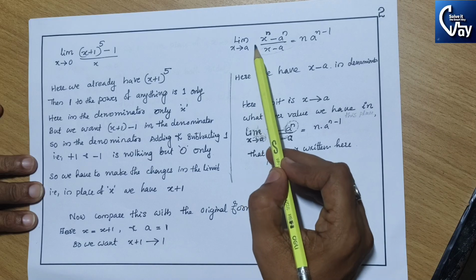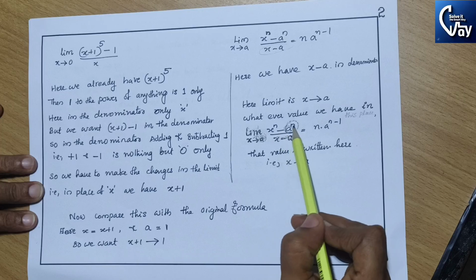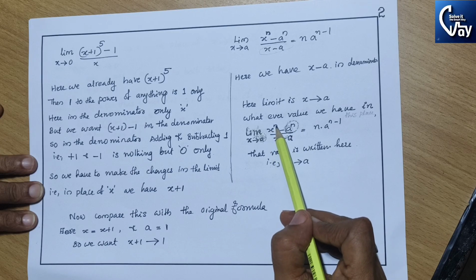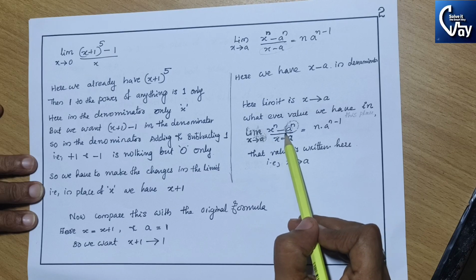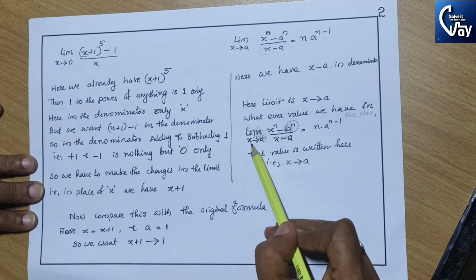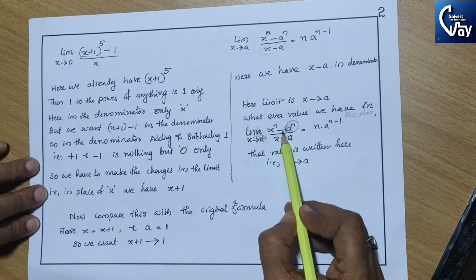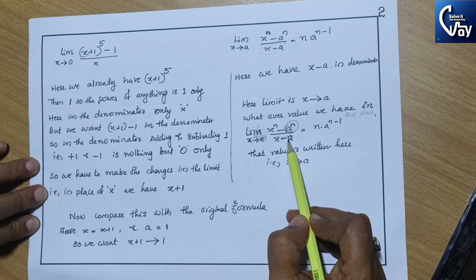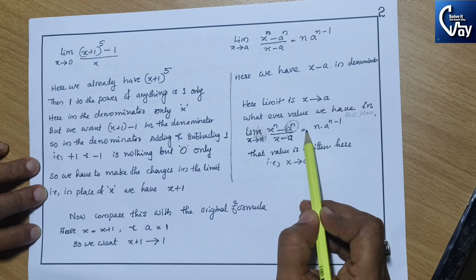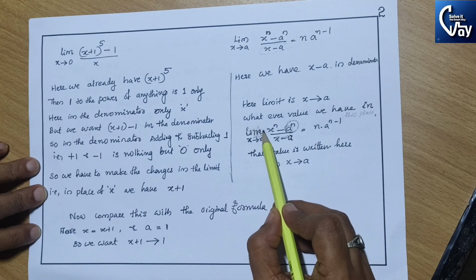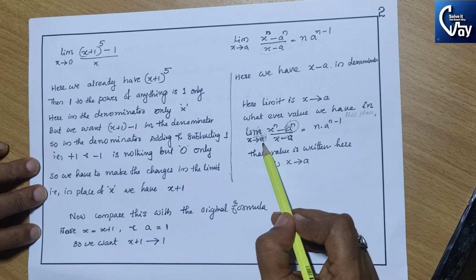Whatever value we have in limit x tends to a, x raised to n minus a raised to n, in this equation, whatever value we have in this place is written here as the limit. Is it clear? That equals the power into a raised to n minus 1. This is a formula. Whatever value we have in this place, that value is written here.